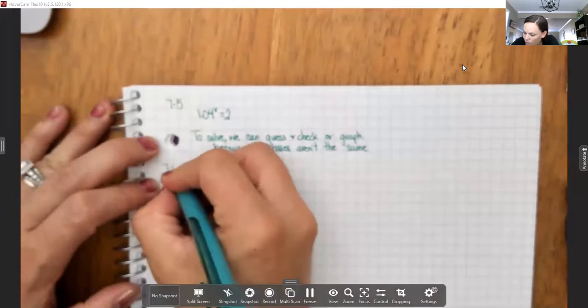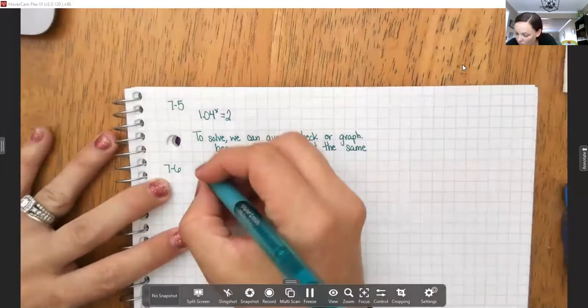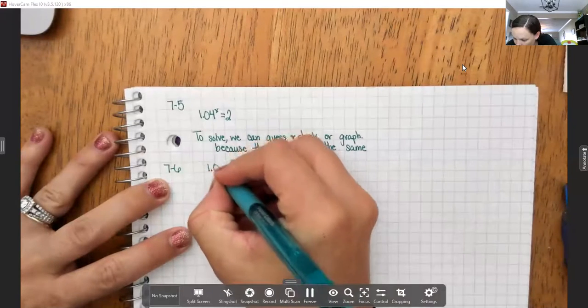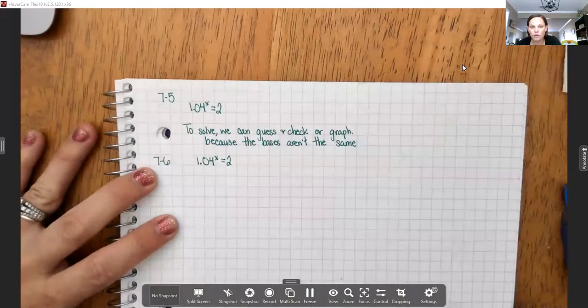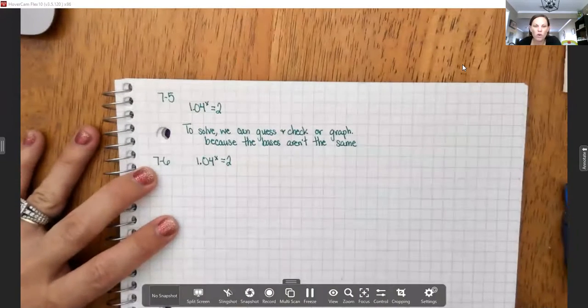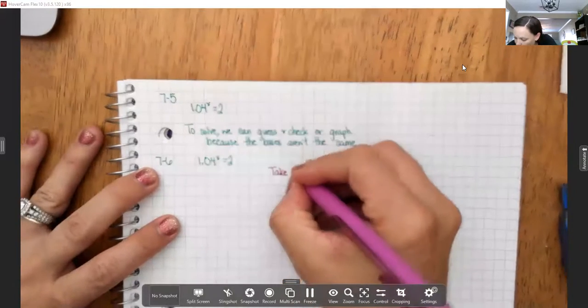So basically it says, well, then there has to be an easier way. To solve this, we're going to do something a little bit new. We're going to take log on both sides.